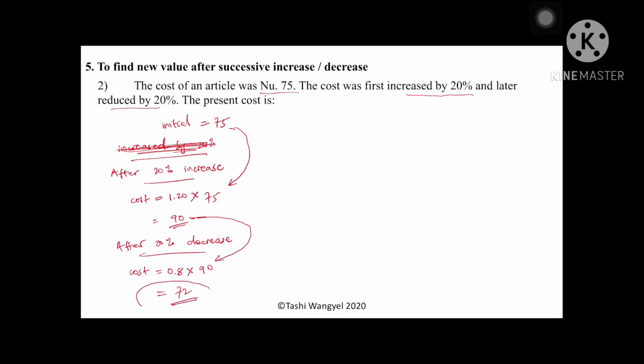The final cost after the 20% increase and the 20% decrease is 72. The increase is over 75 and the decrease is over 90, so the final cost is 72.